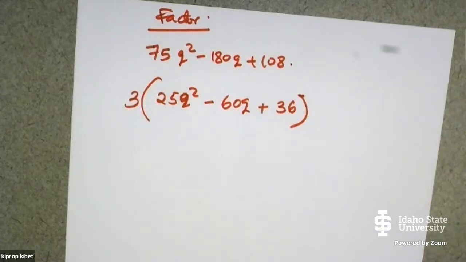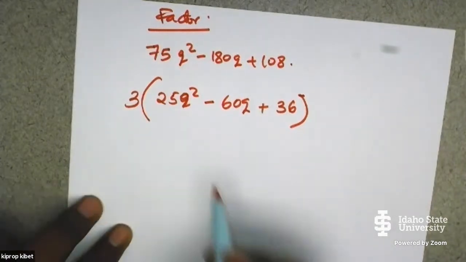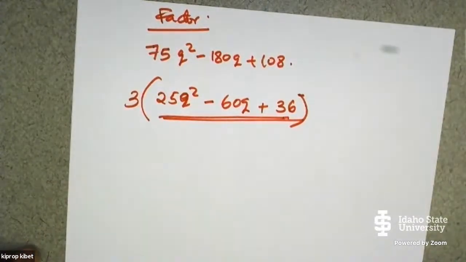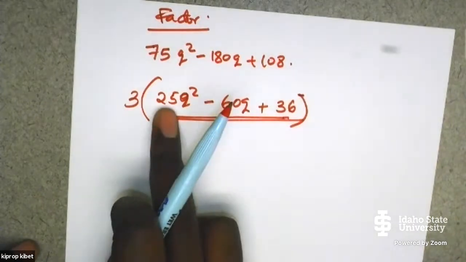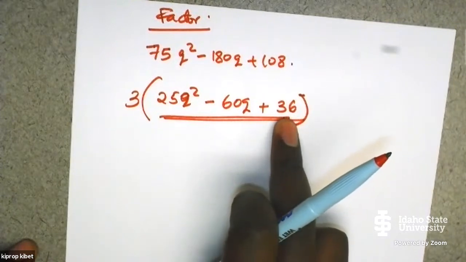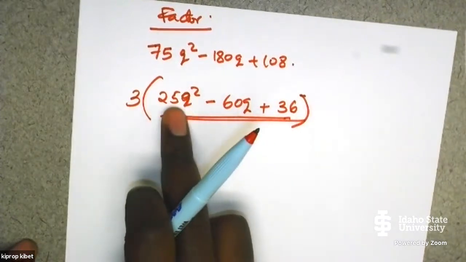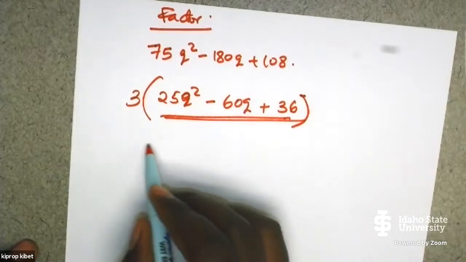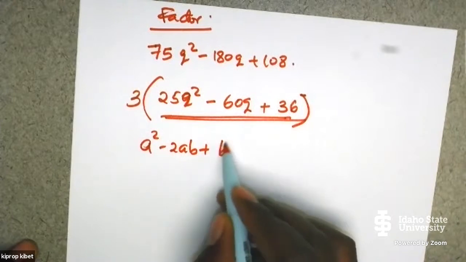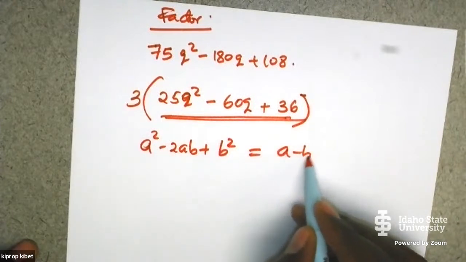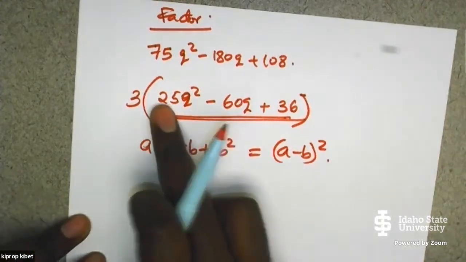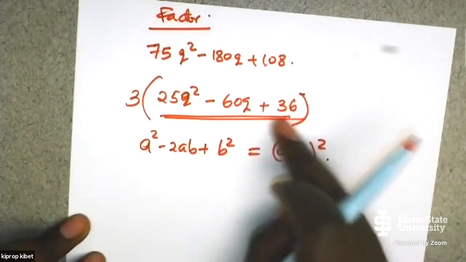Now, after factoring that one, look at the one which is inside now. Since this one is a minus, you can find the square root of this, and you can still find the square root of this, right? The square root of 25q squared. So it is like a squared minus 2ab plus b squared, which is equal to (a minus b) squared, because we can still get the square root of 25 here and the square root of 36 here.